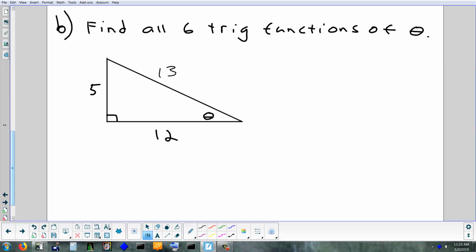Is it like the Pythagorean triples? Yep, it's a Pythagorean triple, of which there's an infinite amount. 3, 4, 5 is one that sometimes people remember. 5, 12, 13 is another one. But if you didn't remember that, just use the Pythagorean theorem and find it that way.